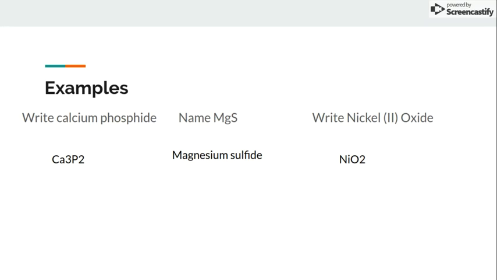No, it would be nickel(IV) oxide because oxygen has a -2 charge, and because there's 2 of them, that would be a -4 charge, so then the nickel would have to have a +4 charge to cancel it out.